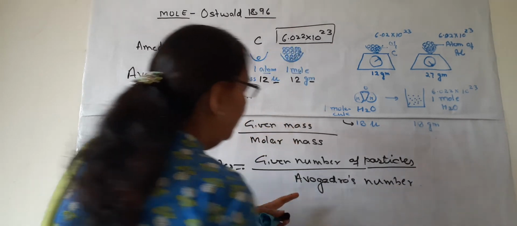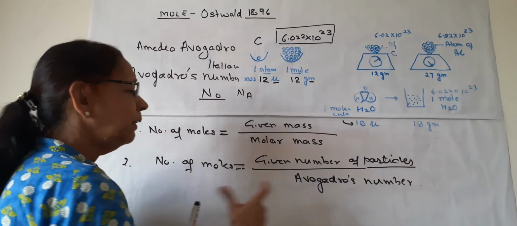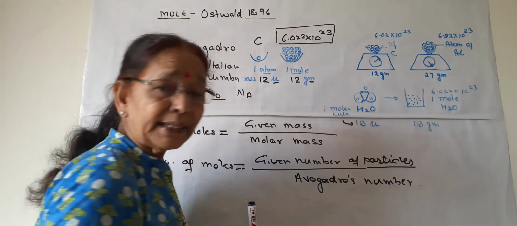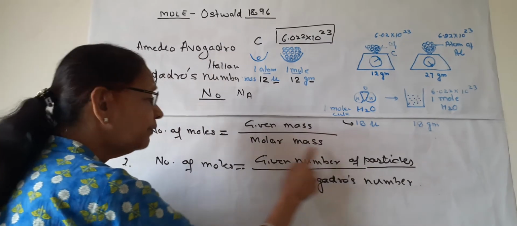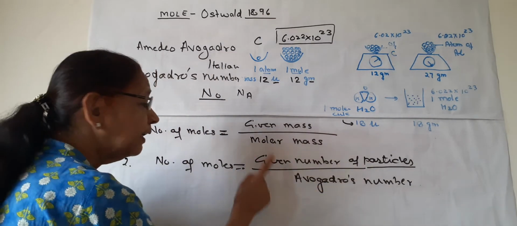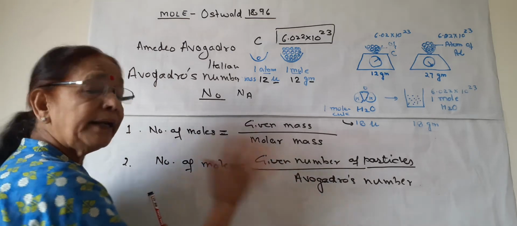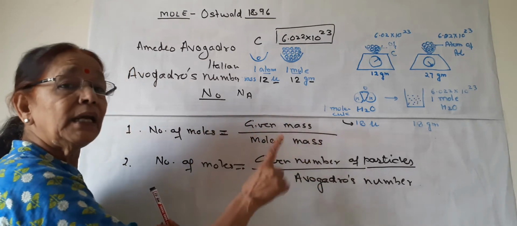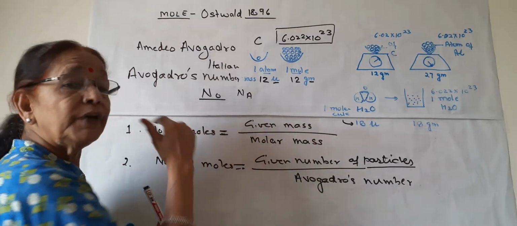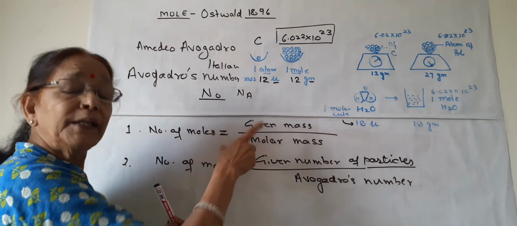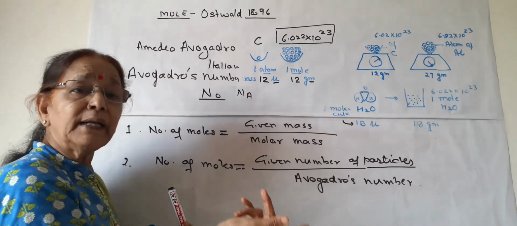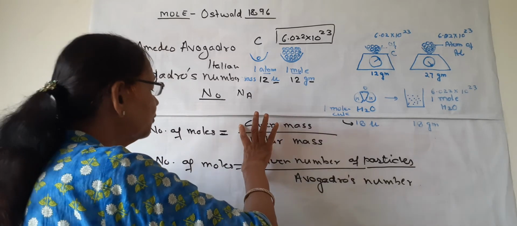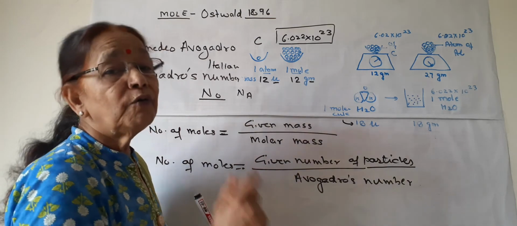So, in place of Avogadro's number, every time we will write this number, and given number of particles may be given out of these three. If any one is given, we can calculate the other one. Likewise here, out of these three, if any two are given, we can calculate the third one. We will do some numericals where we have to use both of these formulae.